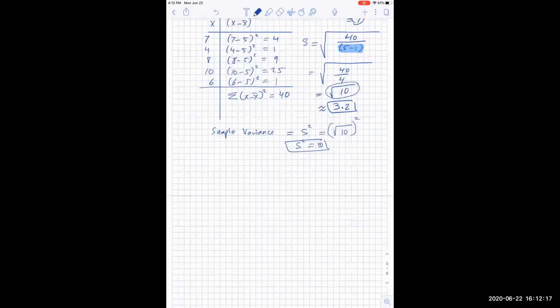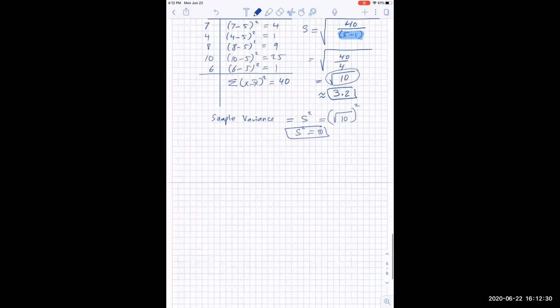Something very, very important about the relation between the center of the sample and its standard deviation. Guys, focus with me on this rule.